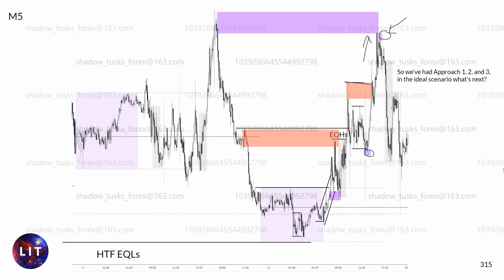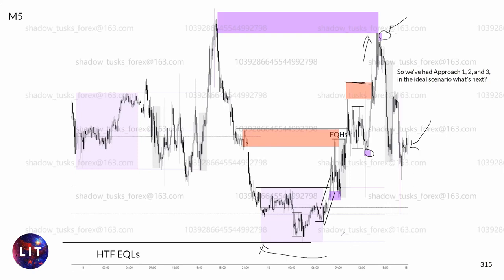So where should we be targeting? Well, on an intraday basis, we need to see where price gets to near the end of the day. So at this time here, it's a little bit after London close. So we know, okay, we don't expect huge movement for the end of the day. So potentially this gets saved for tomorrow.